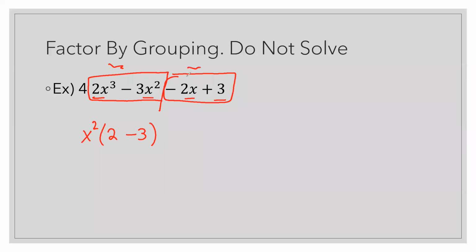In the second term, negative 2x plus 3, can we take out a GCF? We actually technically can. It doesn't look like you can, but we could actually factor out a negative 1, right?